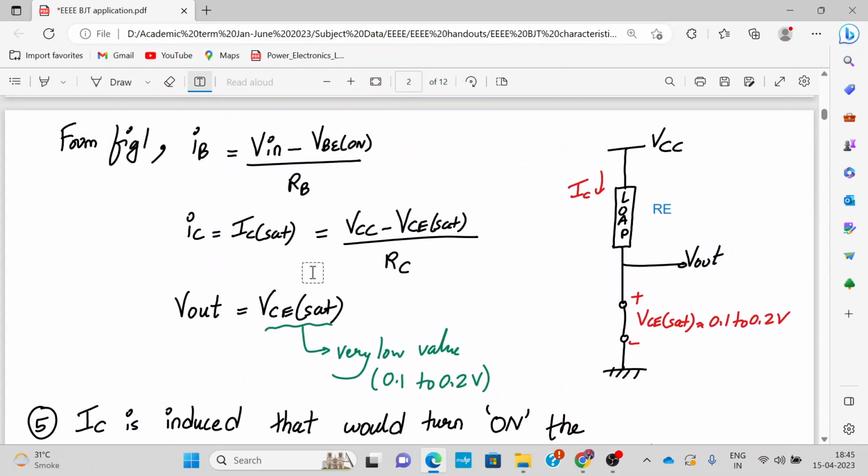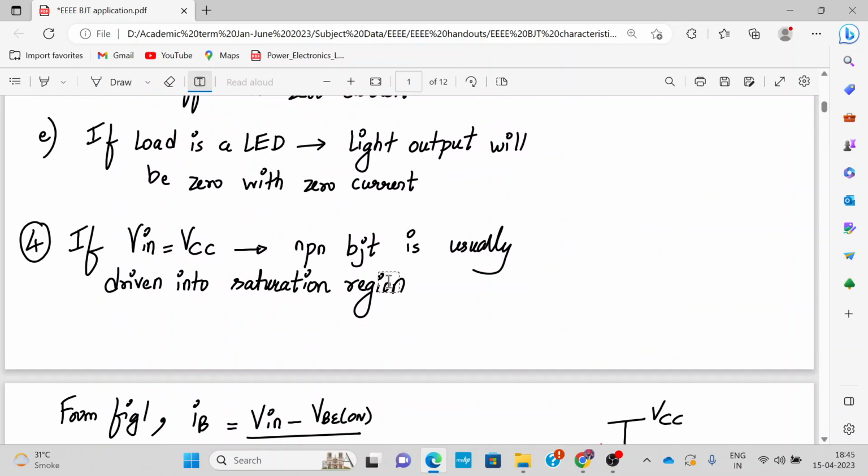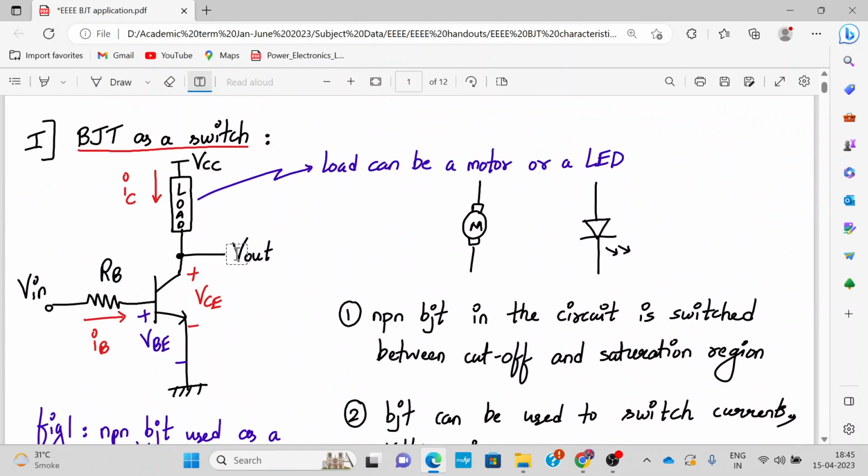In this case, your Vout will be almost equal to VCE sat, which is a very low value. So if Vin is equal to VCC in this diagram, your transistor will act as a closed switch. The transistor will be on and it will be working in the saturation region.